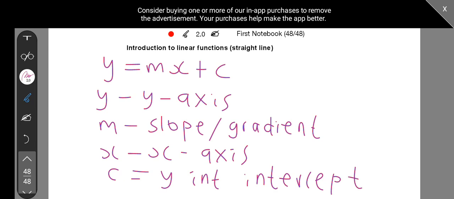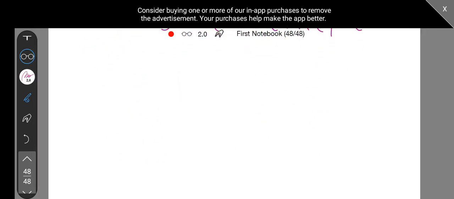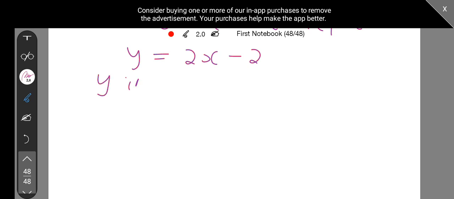So, how do you calculate the y-intercept? Suppose we are given a simple equation. Let's have an example: y = 2x - 2. They say calculate the y-intercept. What we must know is that for the y-intercept, you let x be equal to 0.